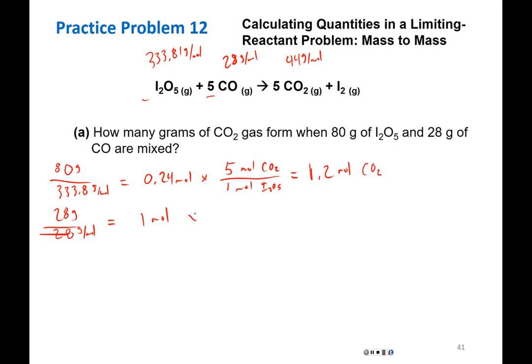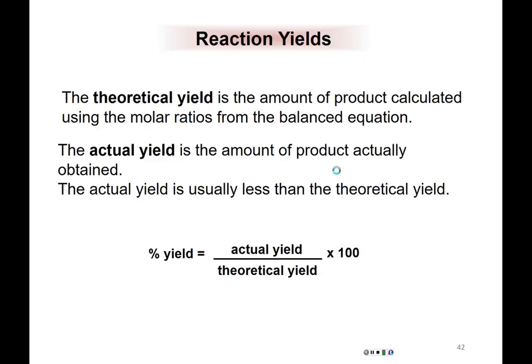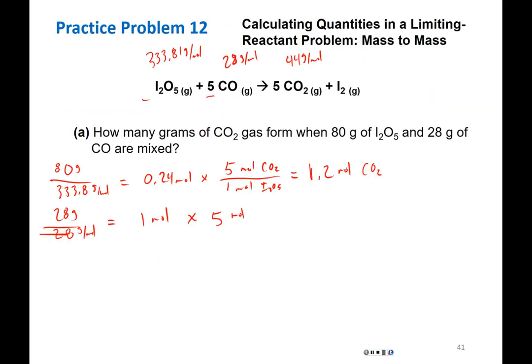If we look at 1 mole of carbon monoxide, we multiply that by the ratio of 5 moles of CO2 divided by 5 moles of CO. So it's a 1-to-1 ratio. That would produce 1 mole of CO2.